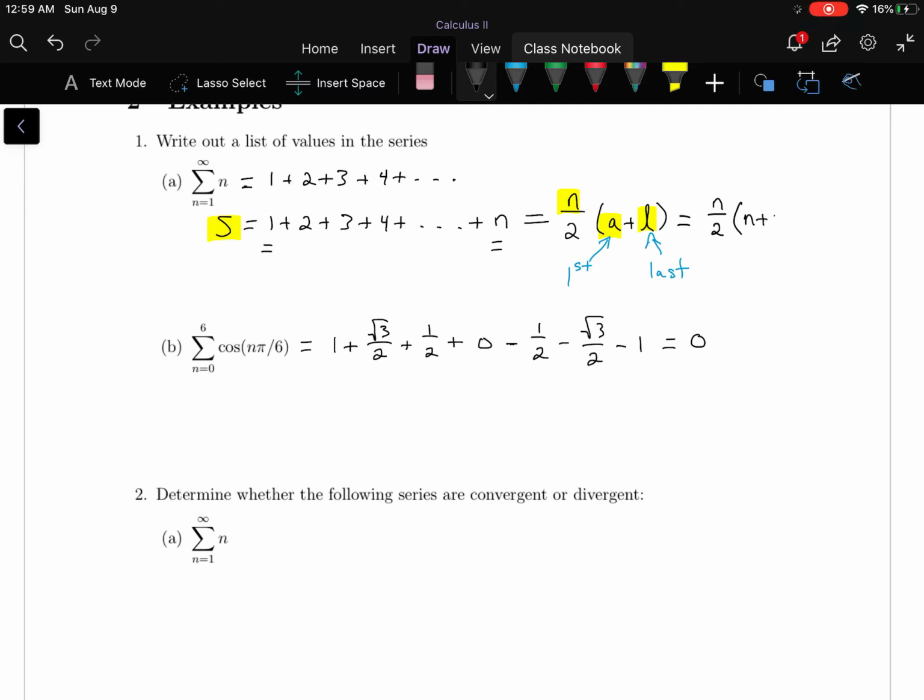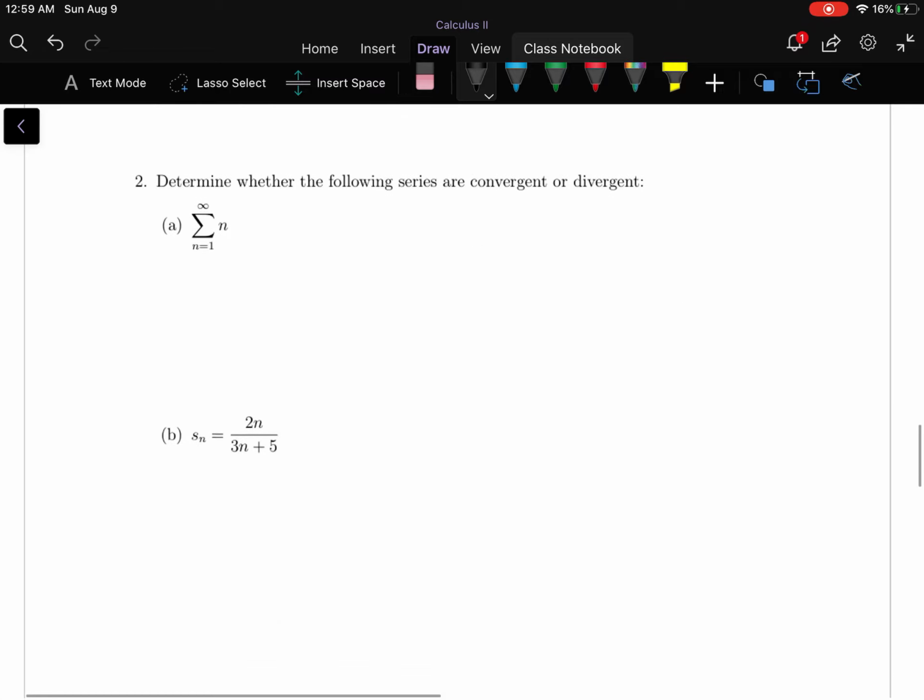Whether you write n plus 1 or 1 plus n doesn't matter, but that would be the formula you would use to figure out the sum of this finite series, if it were finite. It isn't. All right, let's move on to number 2.